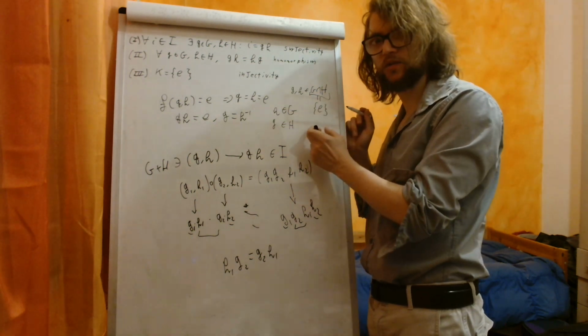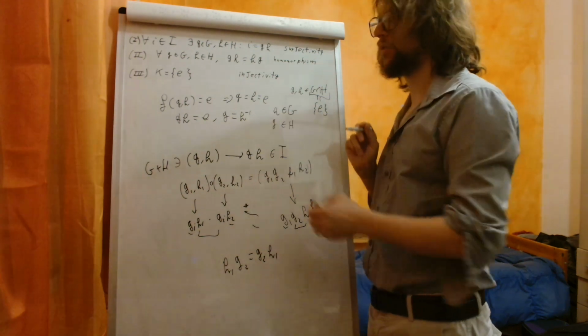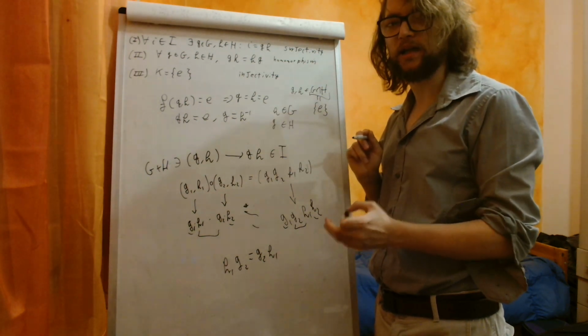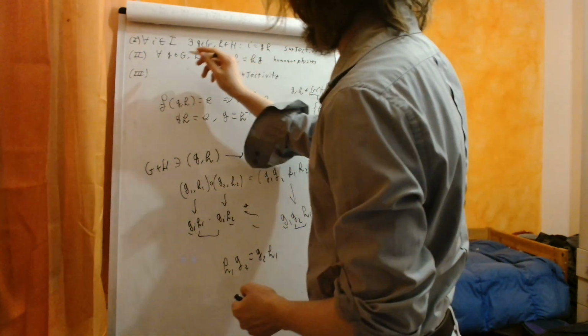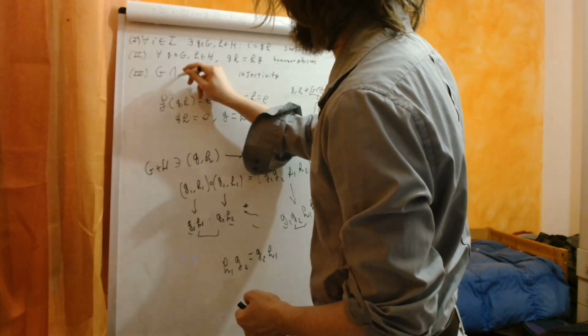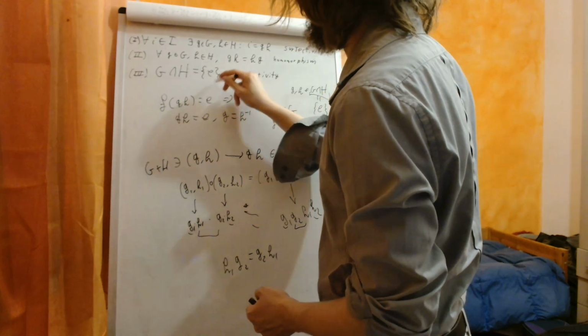But if the intersection is made only by the identity element, then the kernel must be made only by the identity element. So we can write our sufficient condition like this: the intersection between G and H is only the identity element.